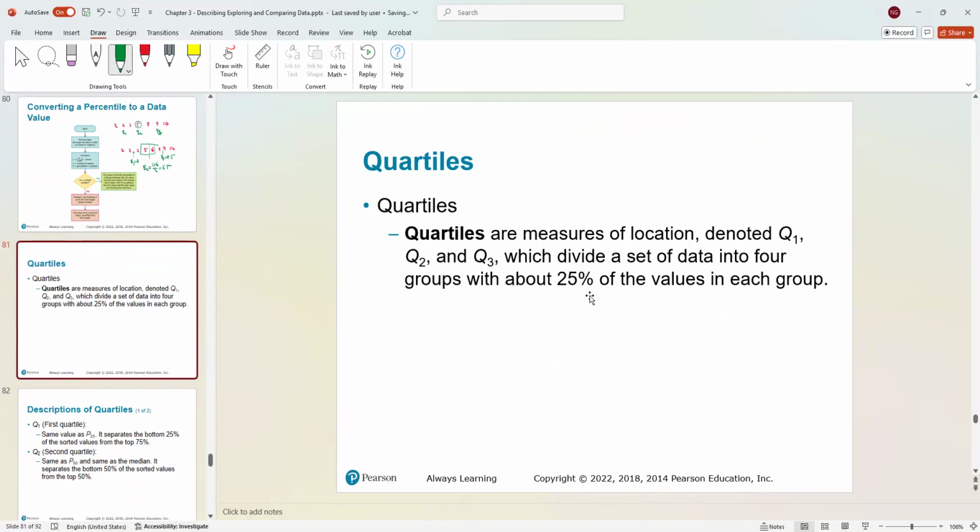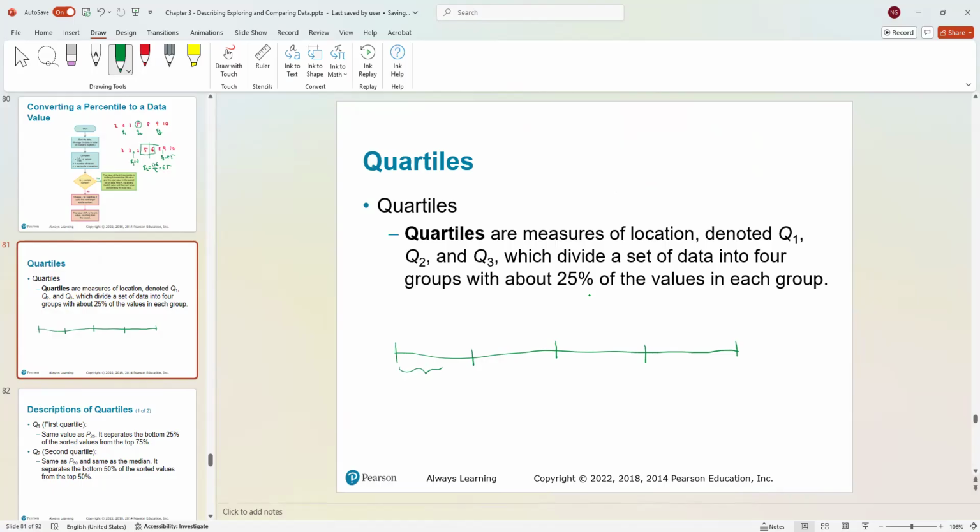We call them measures of position. Just as there are 99 percentiles that divide the data into 100 groups, there are 3 quartiles that divide the data into 4 groups. So when we have a data set, we can divide it at 50%, 25%, 75%.